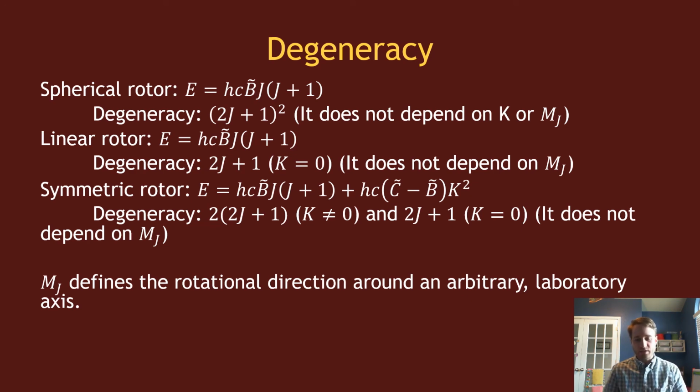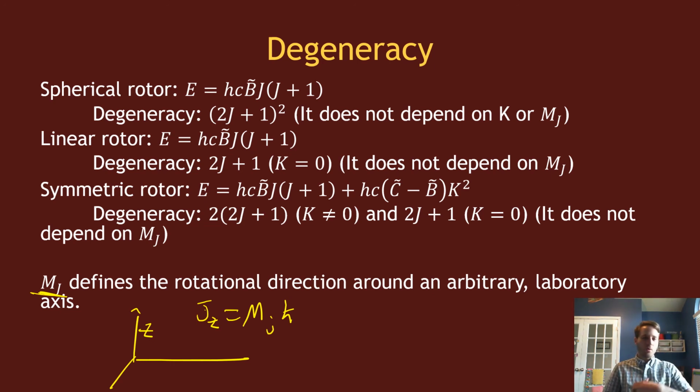And so for that laboratory axis, we're going to have the value of m sub j related to it. So we're going to assume the laboratory has this z direction here, and in that z direction is the angular momentum around that. So the angular momentum around the z direction is related to m sub j h bar. So it's your rotation around the z direction in the laboratory axis, okay?